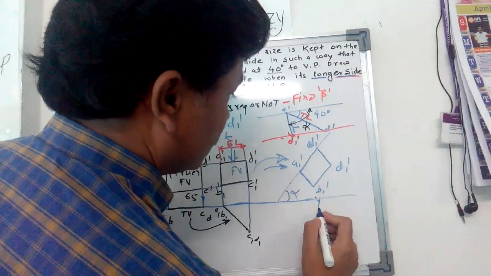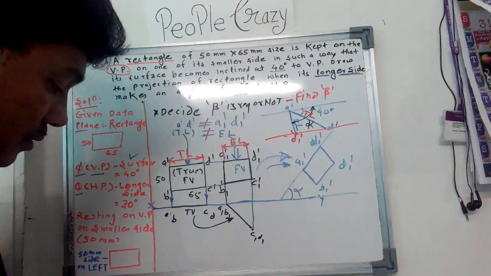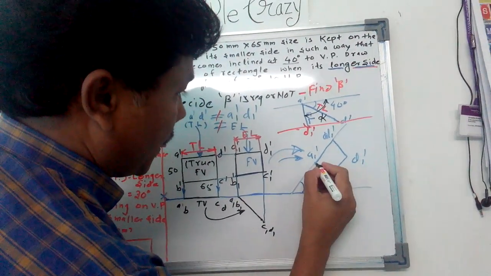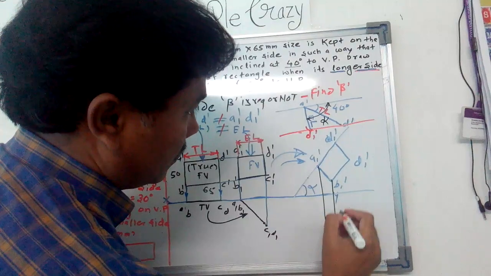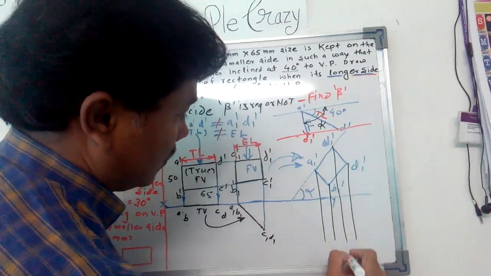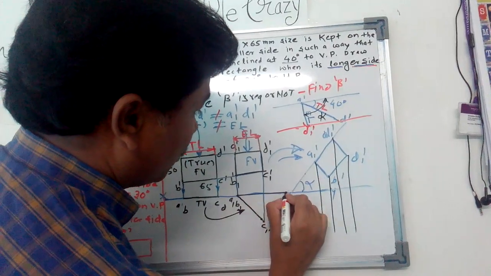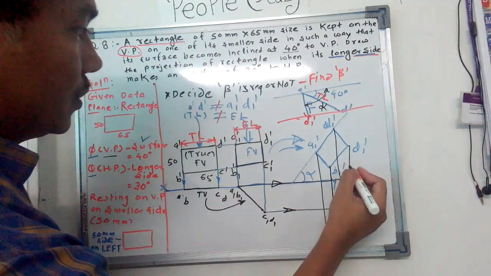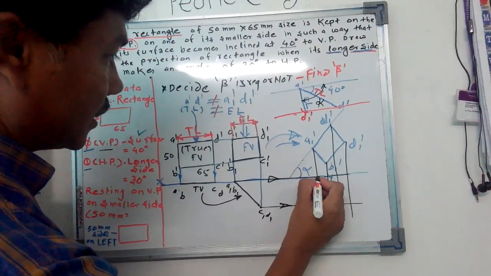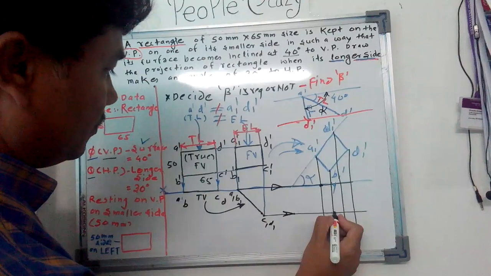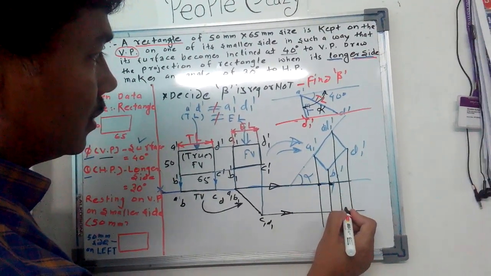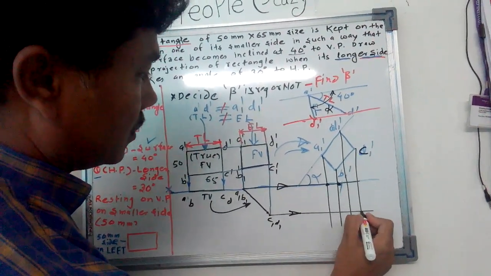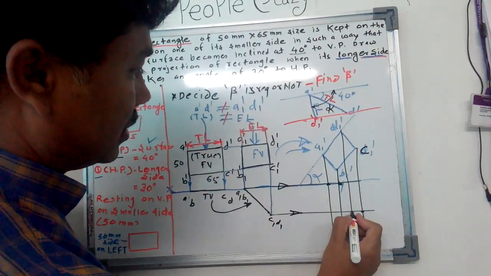Then take projections from each point, and from here take a projection in this direction. According to the intersection, mark the point A, B point is here, C point, and the D point.